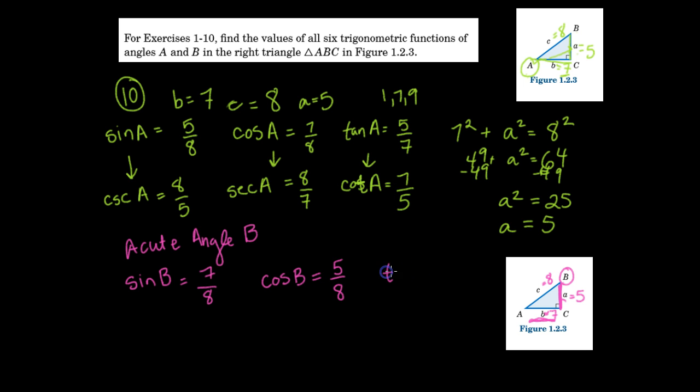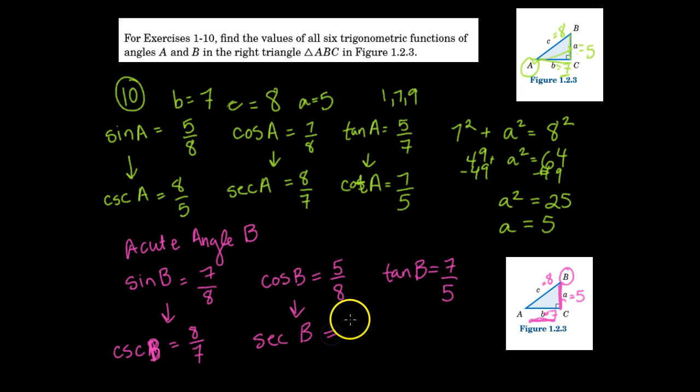And then tangent of B is equal to the opposite leg, which is 7, over the adjacent leg, which is 5. And then from there, you just write the corresponding functions. Cosecant is equal to 8 over 7. Secant of B, I put A. Excuse me, that should be a B. The secant of B is equal to 8 over 5. And the cotangent of B is equal to 5 over 7.